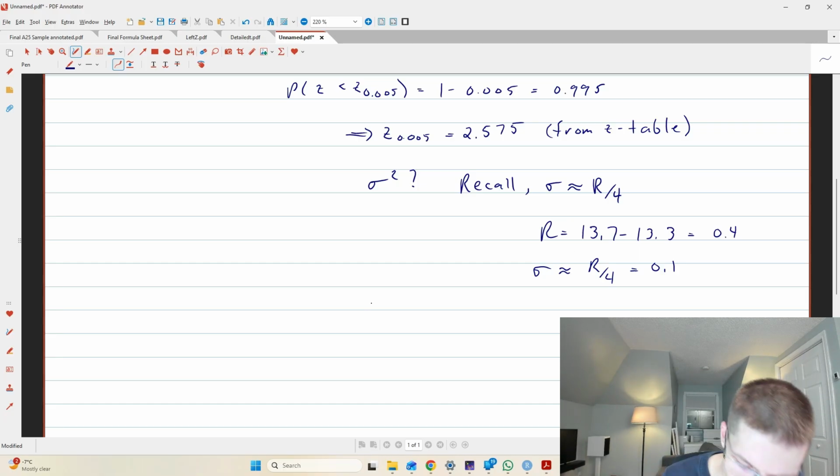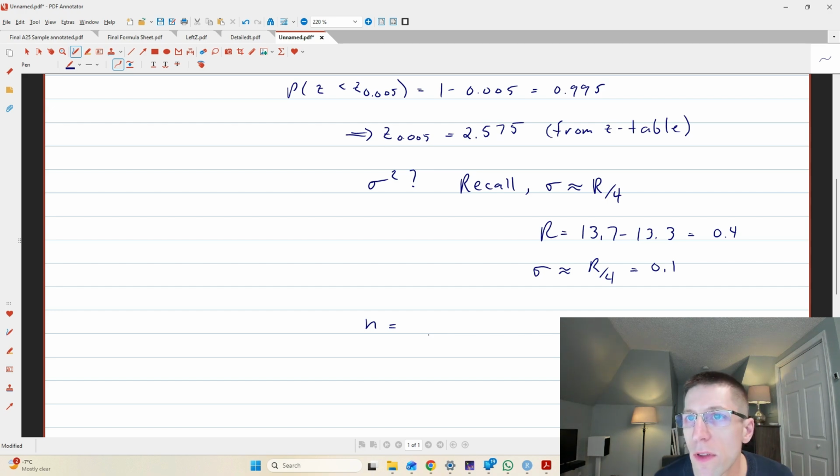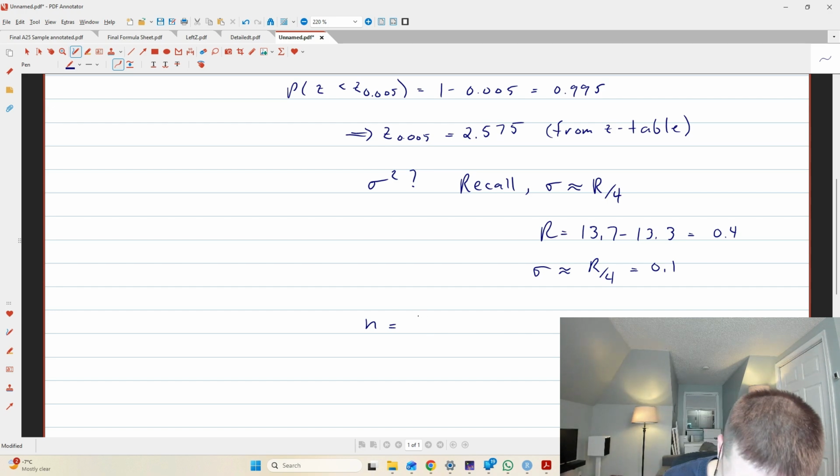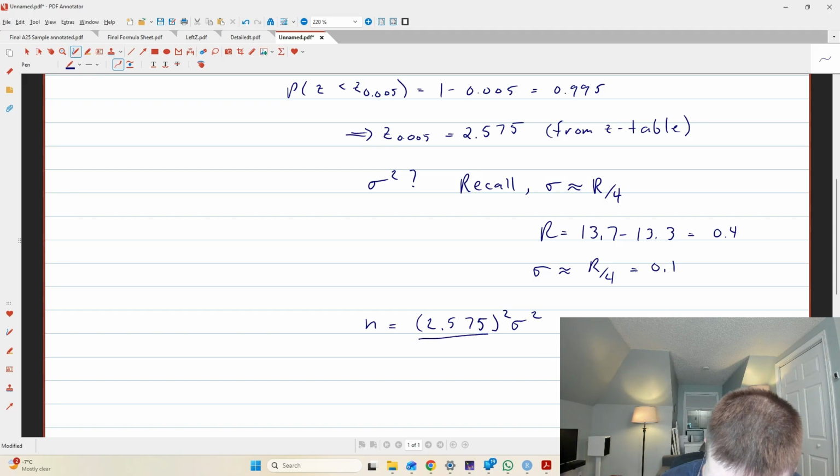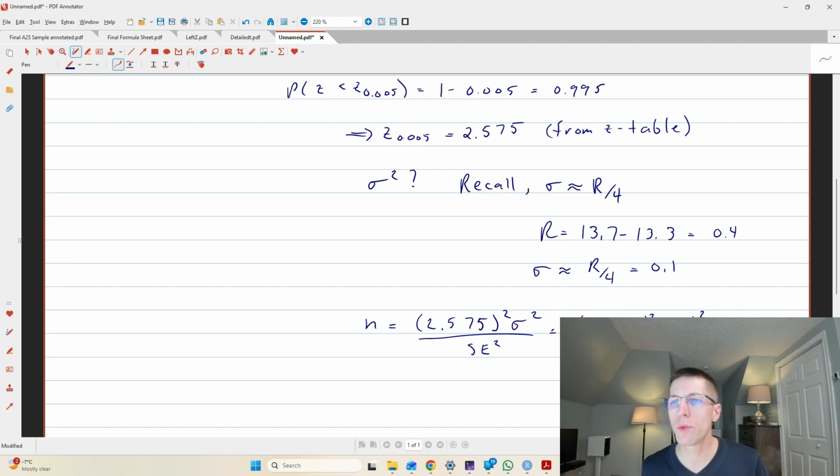So that is our approximation of sigma. So therefore, the sample size we need is going to be Z alpha over 2 squared times sigma squared all over SE squared, and this was 0.025, and that works out to about 106.09.